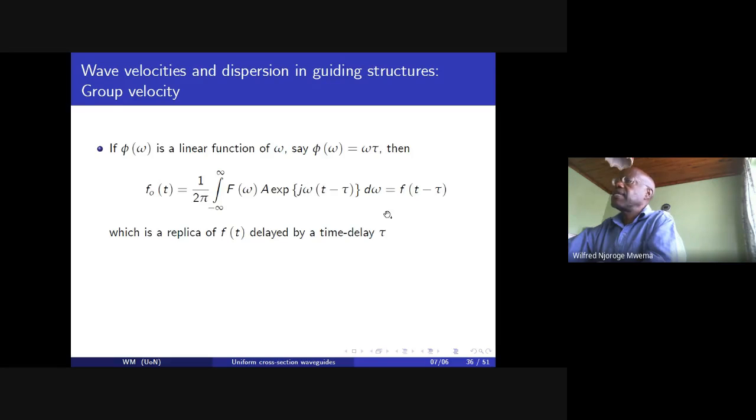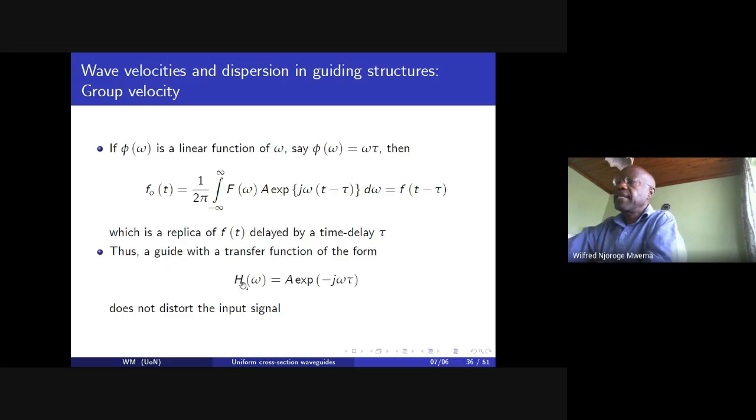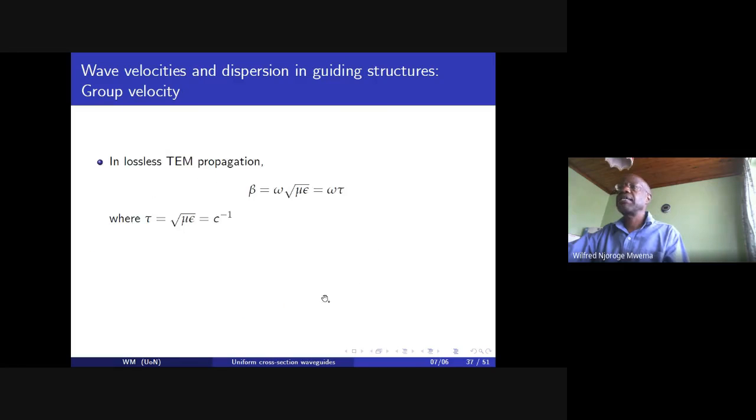That is the signal at the sending end delayed by a value tau, which is a replica of that input signal. Thus a guide with a transfer function of the form H(omega) equal to A exponent of j omega tau does not distort the input signal in any way. It only delays it, or gives a time shift.